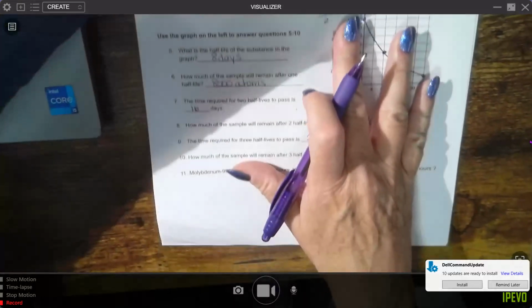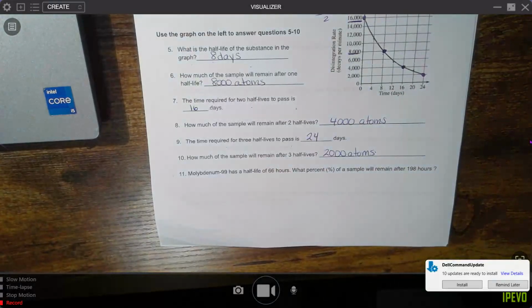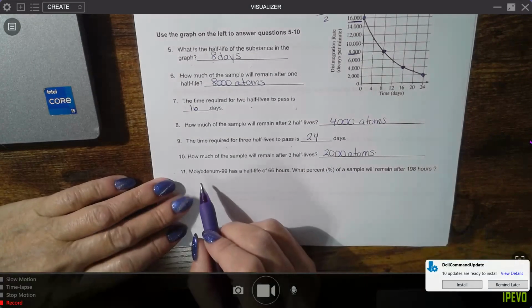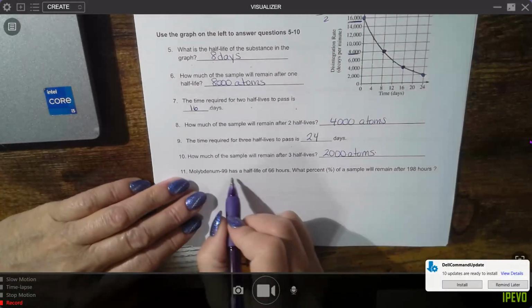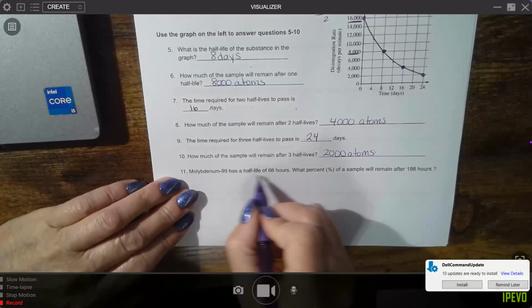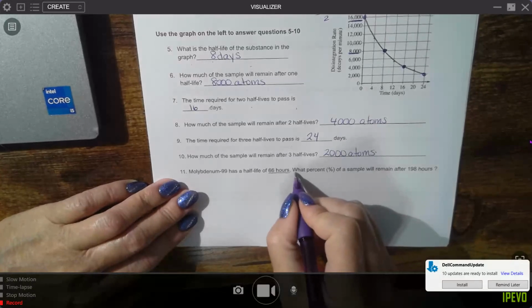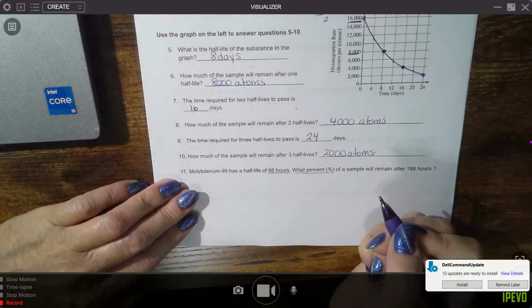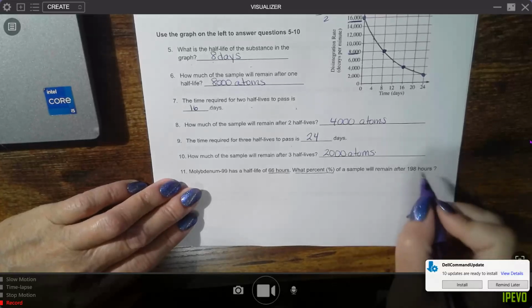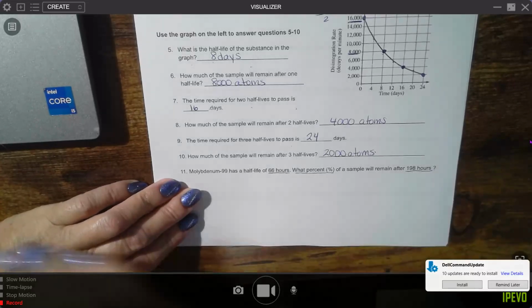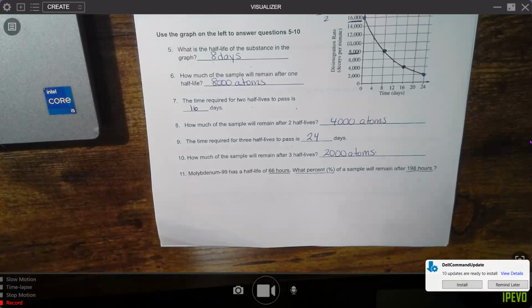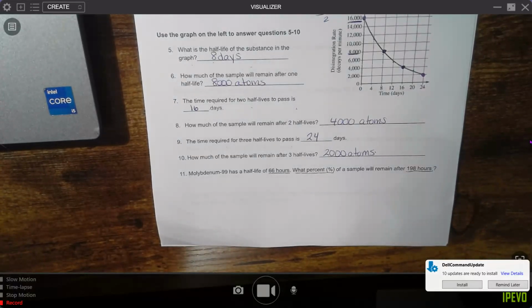Oftentimes, though, what you're going to see is a word problem. So you would see something like this. Molybdenum 99 has a half-life of 66 hours. What percent of a sample is going to remain after 198 hours? Here's the way that I suggest looking at this.